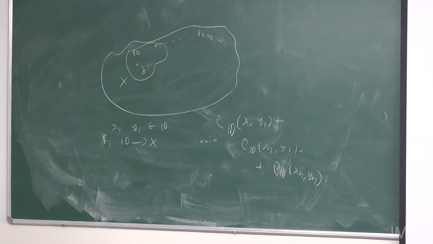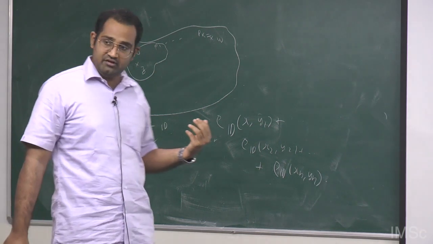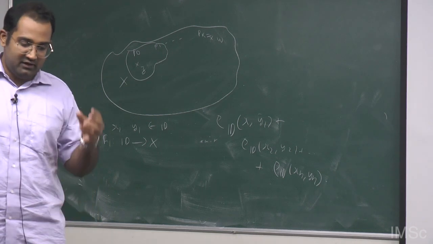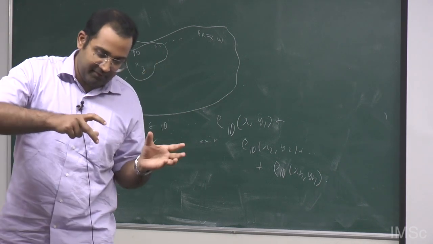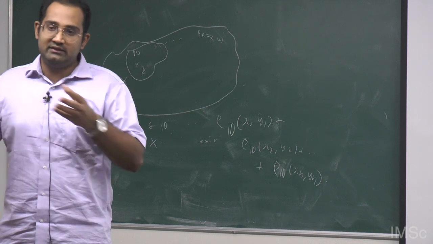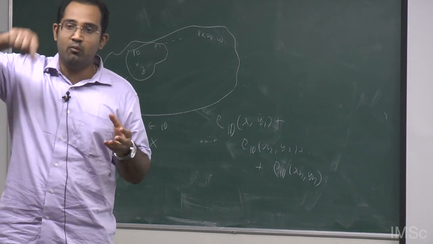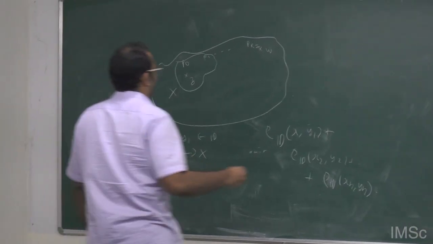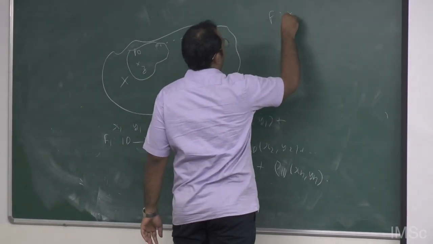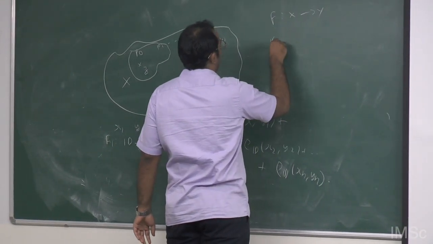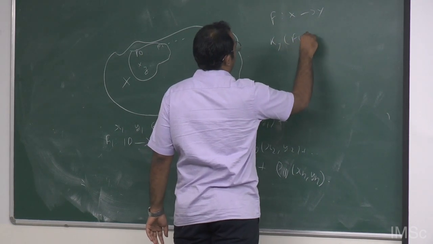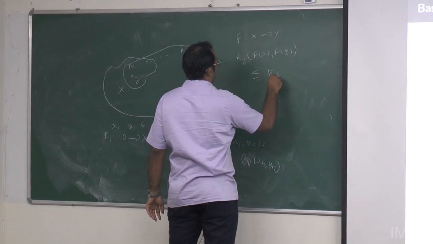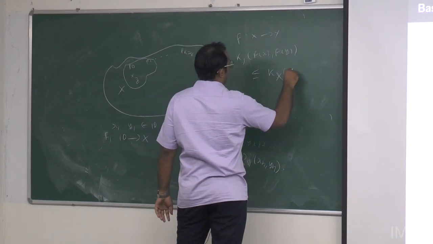And just as we did for the Carathéodory pseudo distance, that means that suppose you have a holomorphic mapping f from X to Y, then k_Y(f(x), f(y)) would be less than or equal to k_X(x, y).